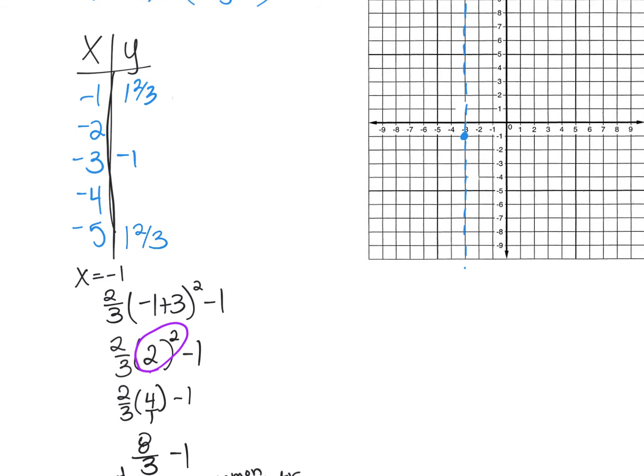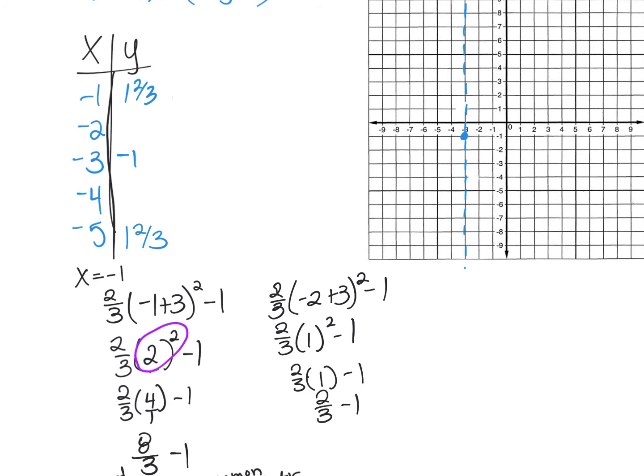And then we're going to plug in -2. Two-thirds times -2 plus 3 squared. Parentheses first. Two-thirds times 1 squared minus 1. Two-thirds times 1 minus 1.